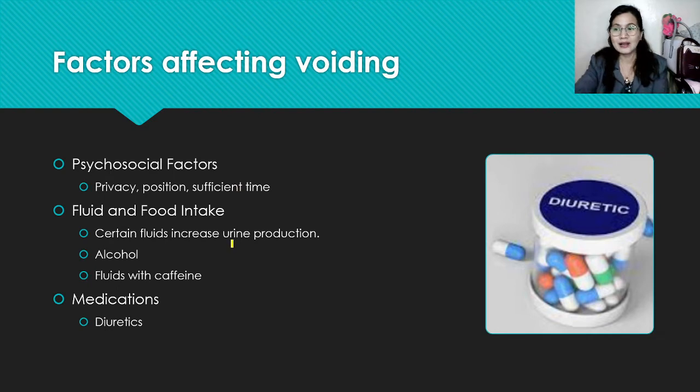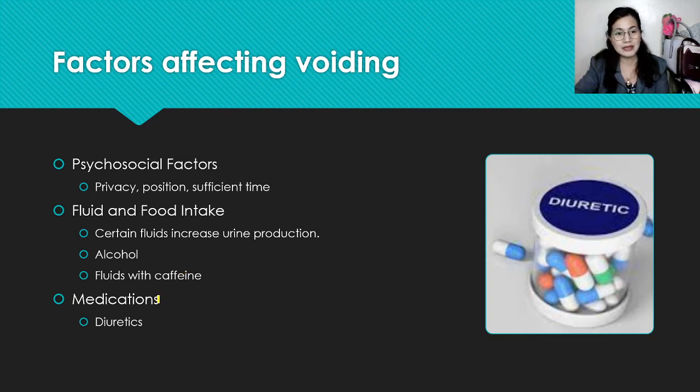Okay? In terms of fluid and food intake, there are certain fluids that increase urine production. We also have alcohol, and other fluids that increase urine production, we've got caffeinated drinks. Okay.